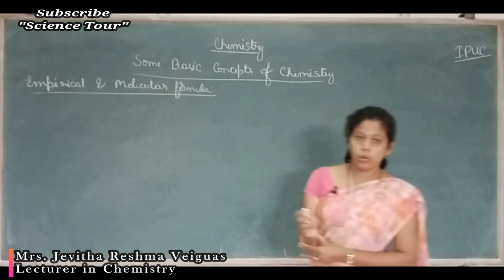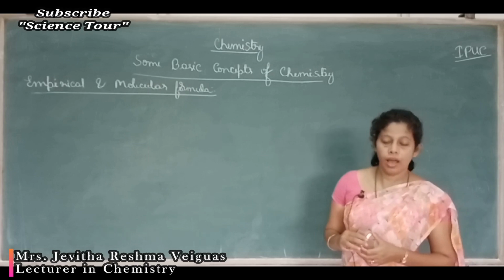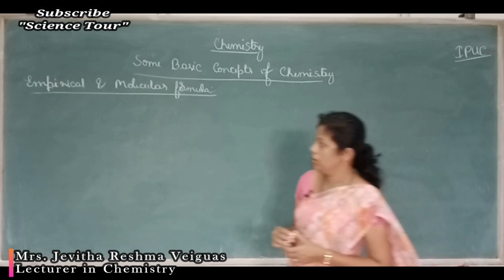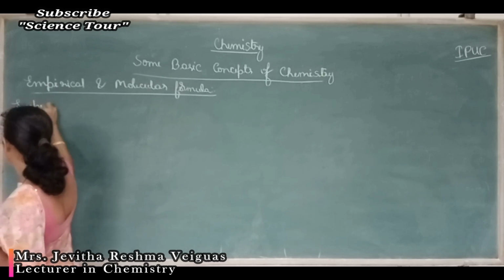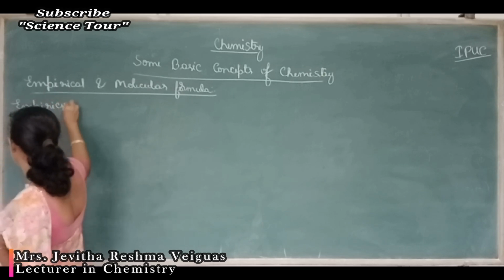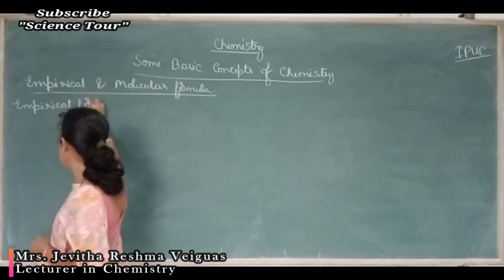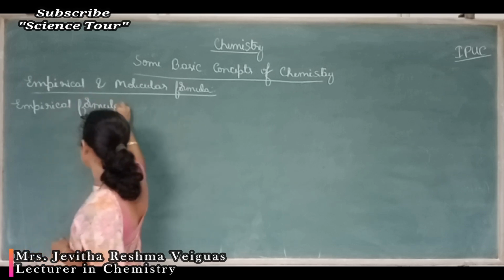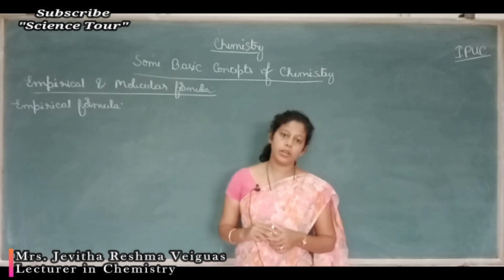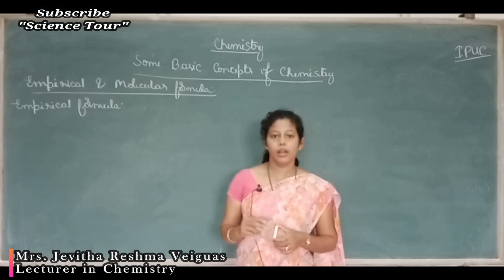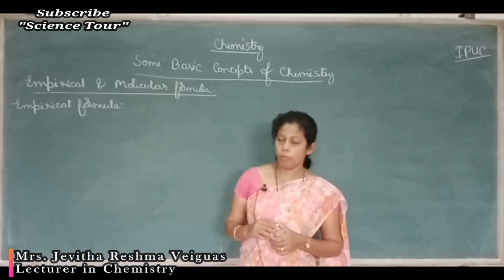First, let us know what is empirical formula and what is molecular formula. Empirical formula is the formula of a given compound which indicates the simplest ratio of the elements in the compound.